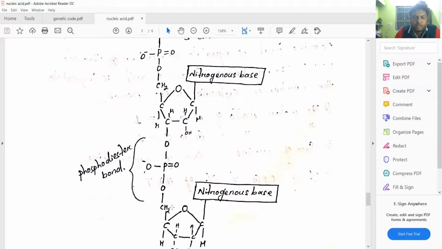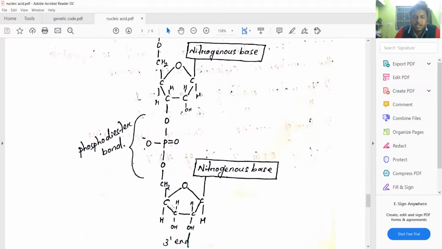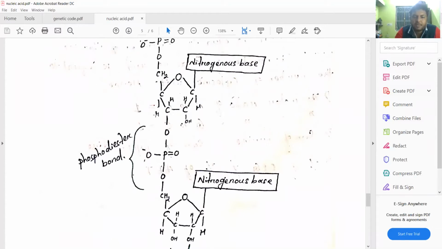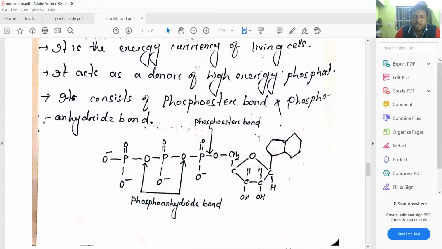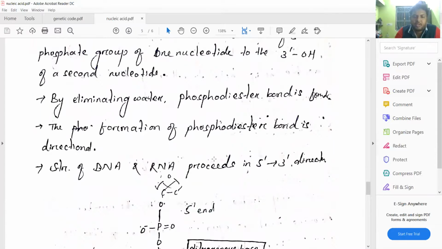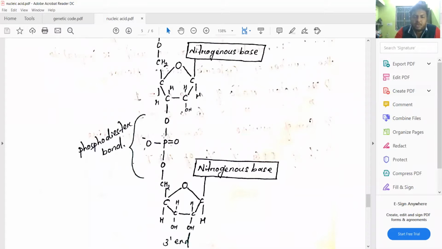Two nucleotides are attached together by forming the phosphodiester bond. The ester bond is between P and O, and there are two ester bonds, so this is the phosphodiester bond.